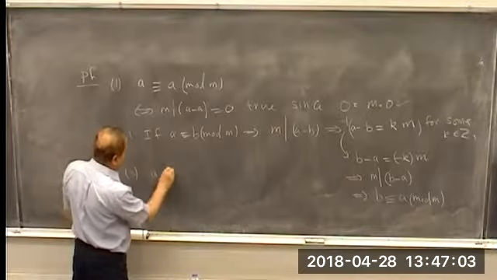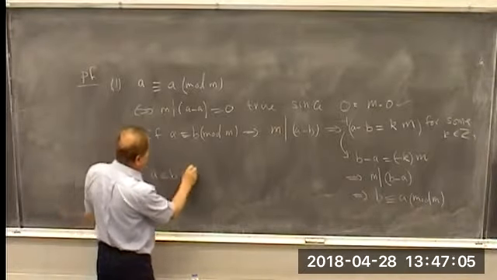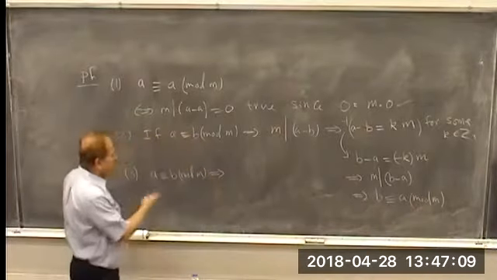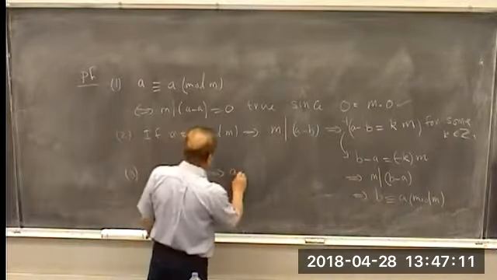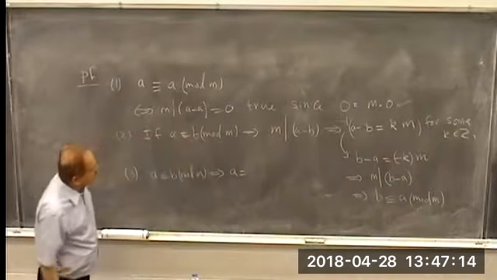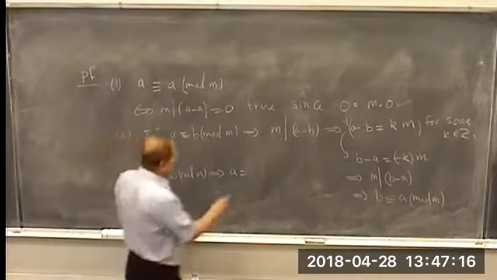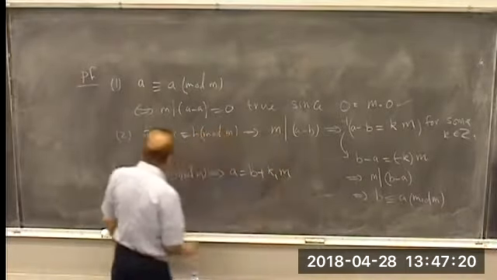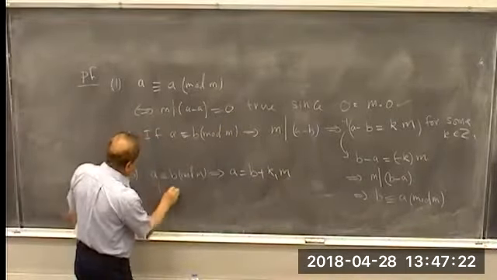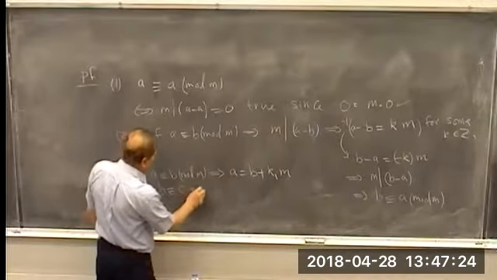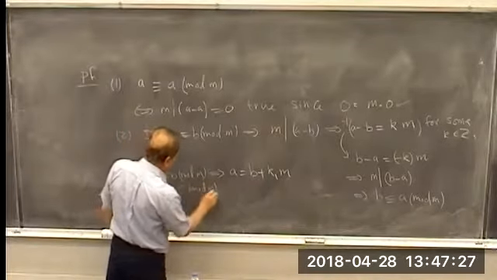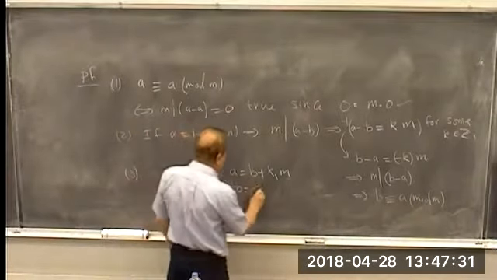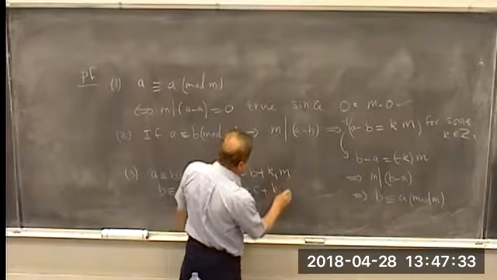A congruent to B mod M implies, and again, I could write this as an equation, remember from the previous theorem, A equals B plus K1M. And the other relation says that B is congruent to C mod M, and I can express that by saying B is equal to C plus K2M.